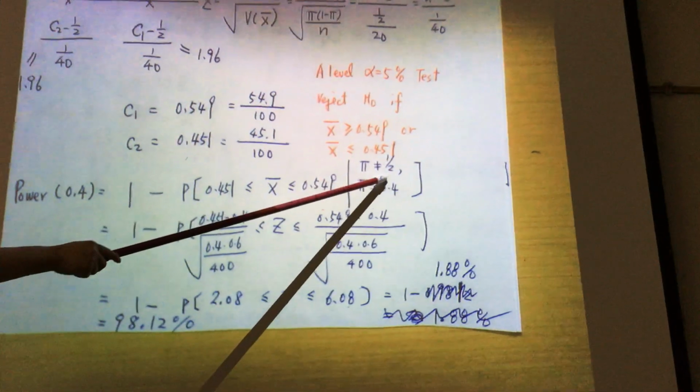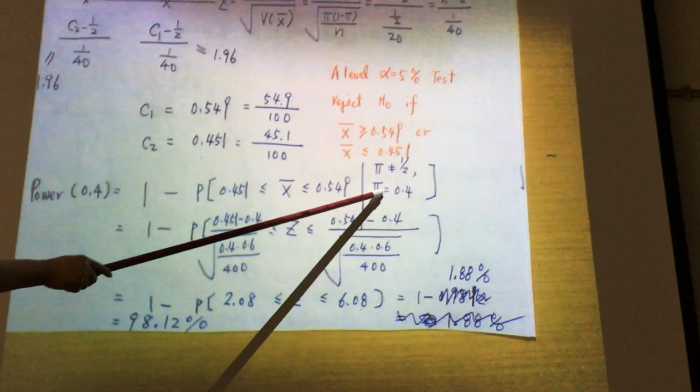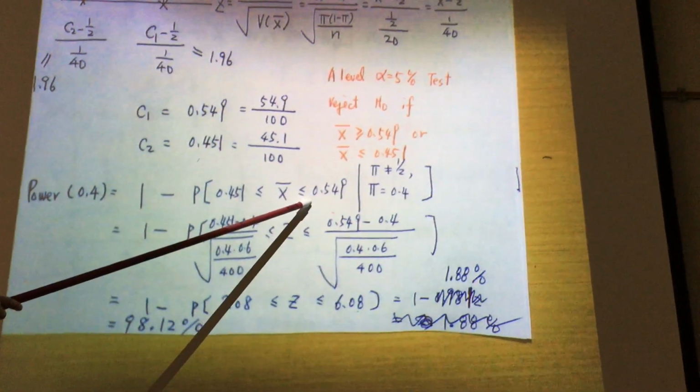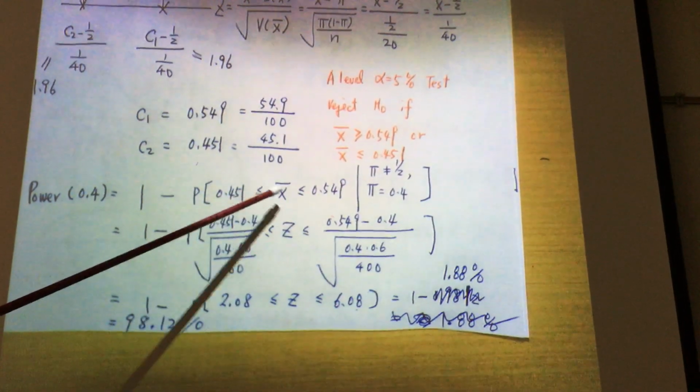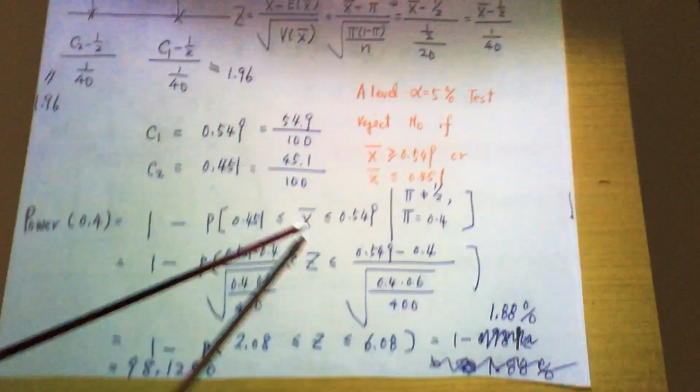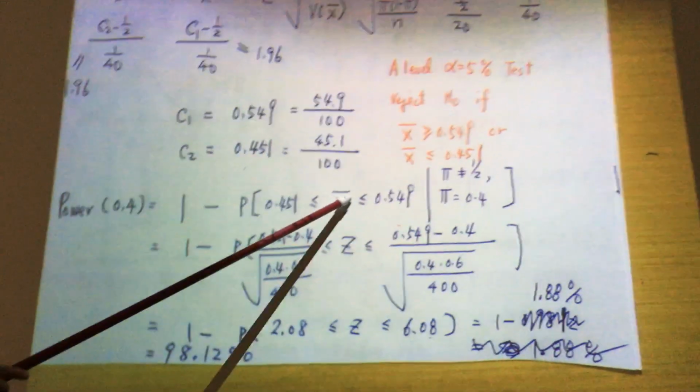When this is not a fair coin, the actual pi is not 0.5, it's 0.4. And we fail to reject H0. Why do we fail to reject H0? Because the data is close to 50%. Is that clear? So X bar is between 0.451 and 0.498.